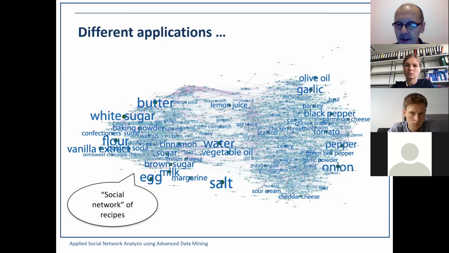But social network analysis is a tool to analyze recipes. So I would like to ask you to think out of the box, to use social network analysis not only for social behavior. We can use the same tools also for different kinds of networks.